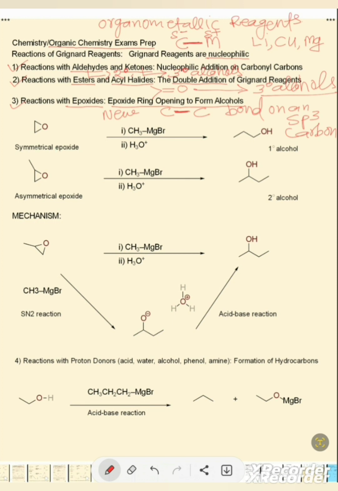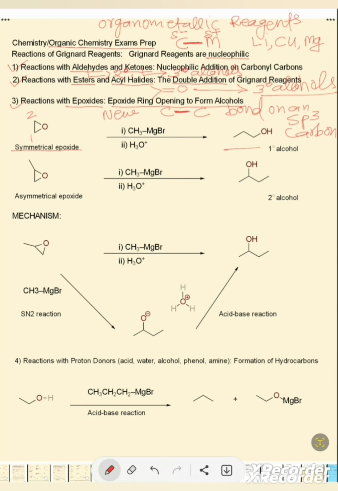Now, in this reaction, here we have an example of a symmetrical epoxide. So if you have a symmetrical epoxide, it's got two carbons, so both carbons are equivalent. So in this reaction, the Grignard reagent can approach either carbon and you would form the same product, primary alcohol.